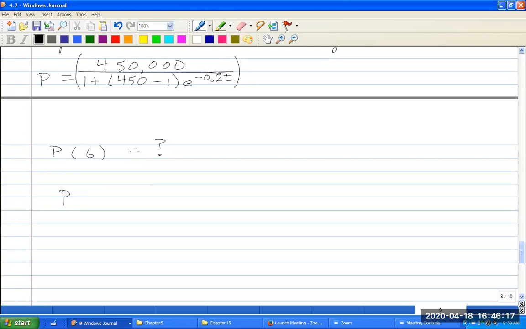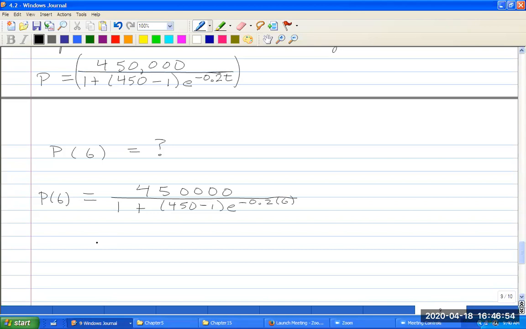So P(6) is equal to 450,000 over 1 + (450 - 1) e^(-0.2 × 6).